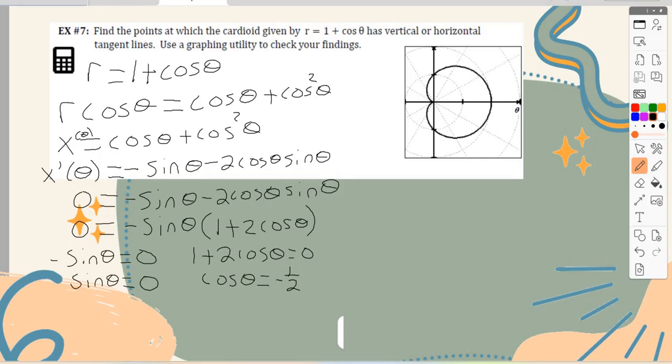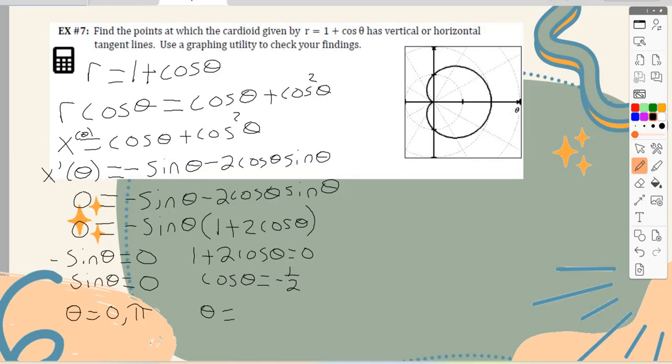Yes, no, maybe? We're then having to look at our unit circle. To remind ourselves of where does sine equal 0? 0 and pi. And where does cosine of theta equal negative 1/2.